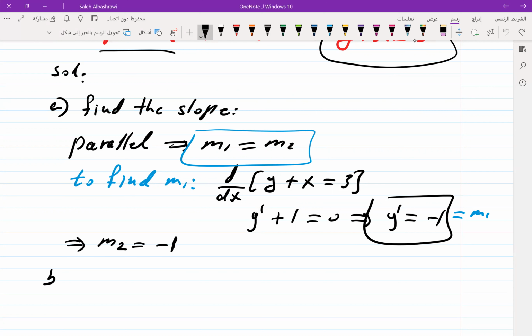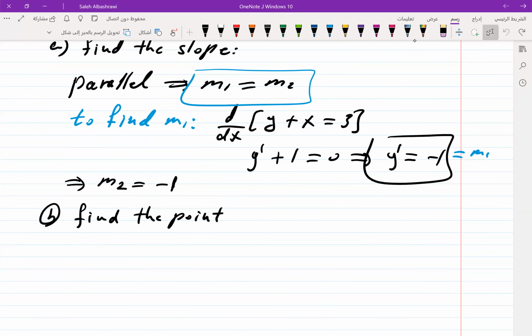Now for the second step, find the point where the tangent line is touching the curve. To find the point, we must have f prime x equal to m2, equal to the slope of the tangent line. The derivative equal the slope of the tangent line.